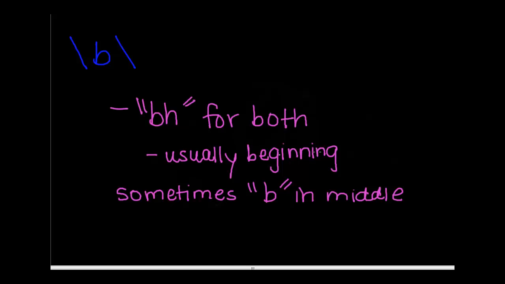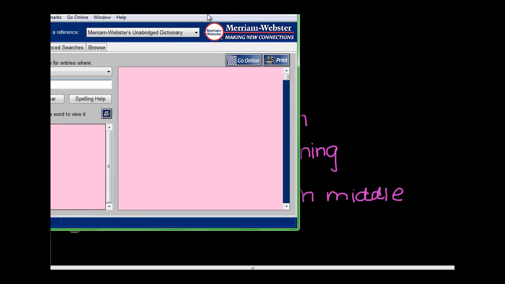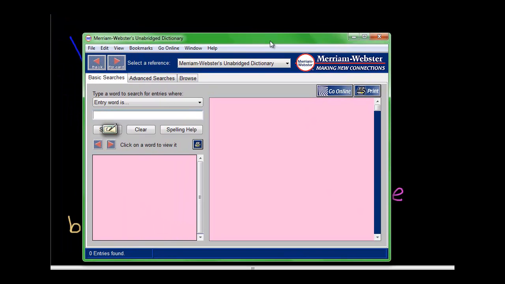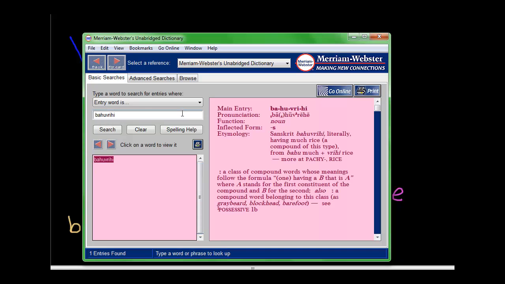First one, bahuvrihi. It's from Sanskrit, and this one is spelled B-A-H-U-V-R-I-H-I. Usually if you look up the word, you'll see something that gives it away. Let's do that right now. Here's my dictionary. B-A-H-U-V-R-I-H-I. So we know this is from Sanskrit.